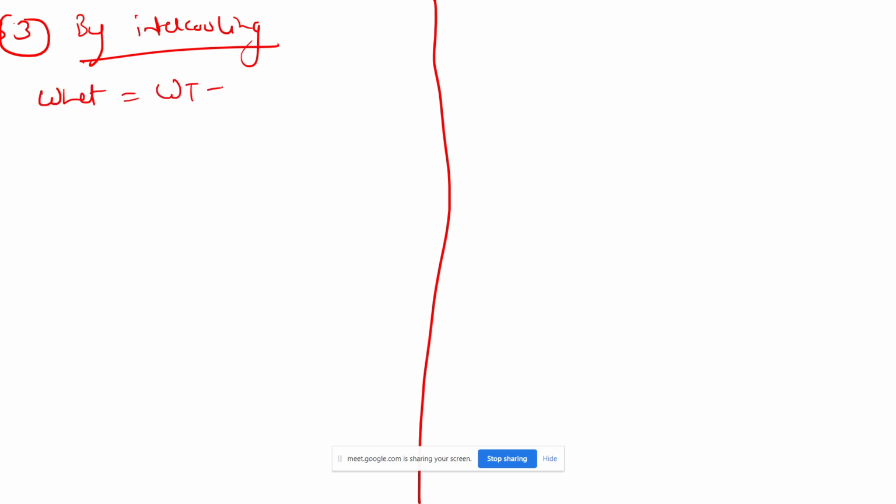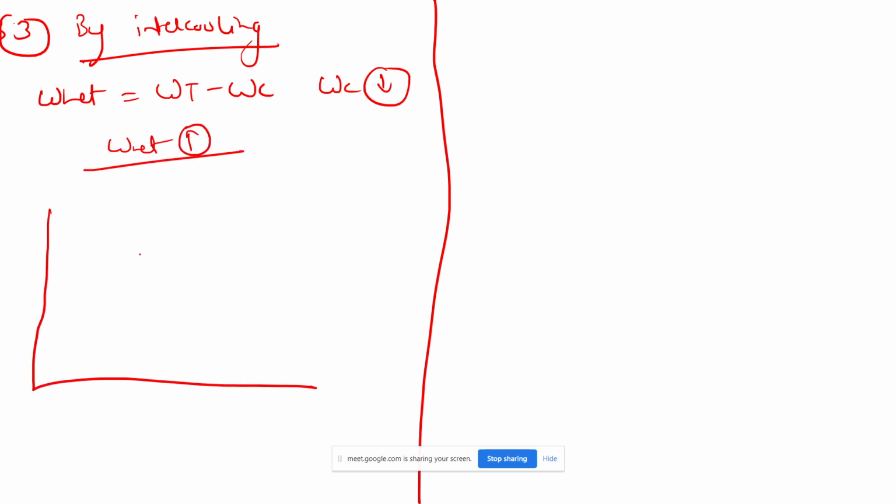Net work is turbine work minus compressor work. So here we are decreasing the compressor work, so by this the net work output will increase. Okay. So the cycle will look like this. This is 1, 2, 3, 4, 5, 6.